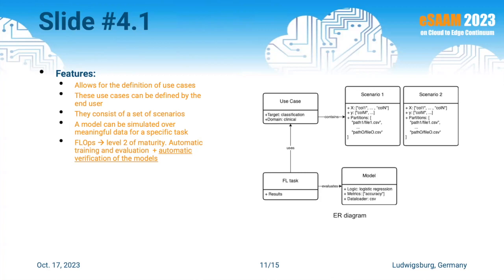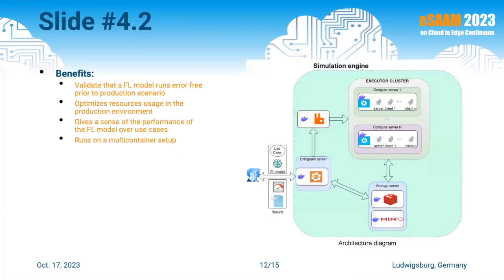The operational level of this tool guarantees that we not only have the automatic training and evaluation that federated learning normally provides, but we also have automatic verification of the model, so that we can guarantee that the model runs properly, and that you can grasp an overview of how the model performs with respect to some related data. Next slide, please.